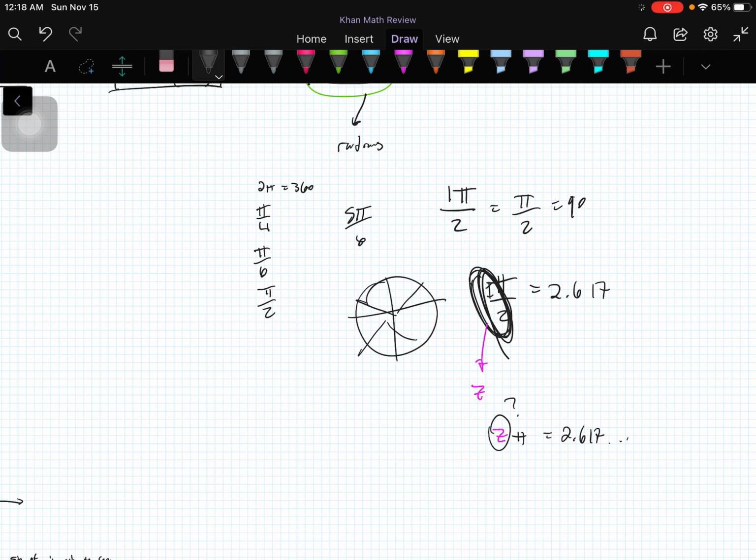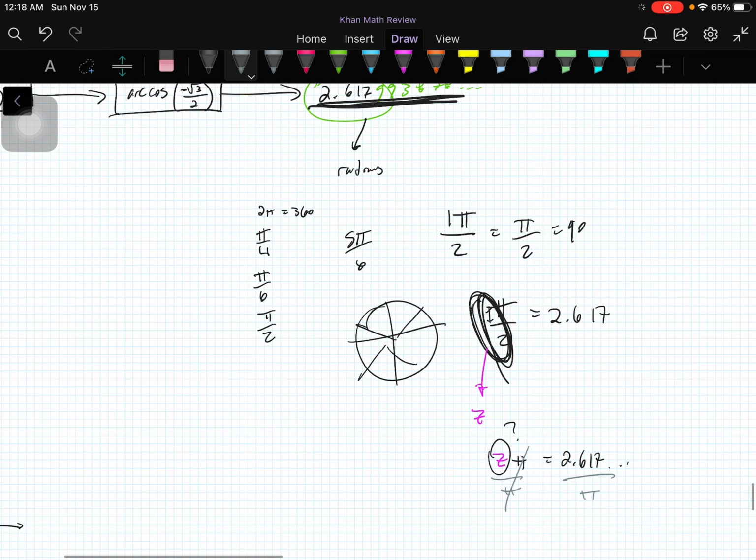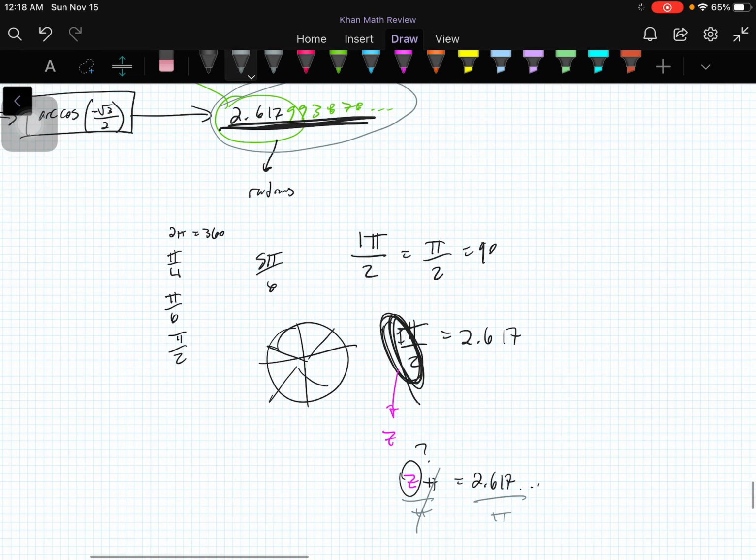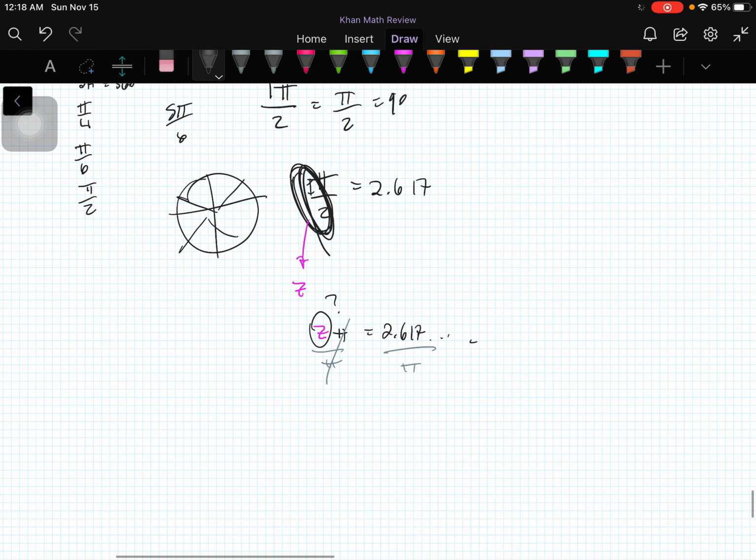So I said, okay, z times pi, and z is an unknown number, equals 2.617, etc. What I proceeded to do was divide by pi, so I could isolate z. In my calculator I have this big number right now, and I'm going to divide it by pi. Divided by pi equals 0.833.